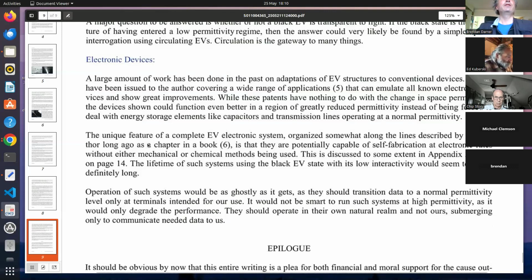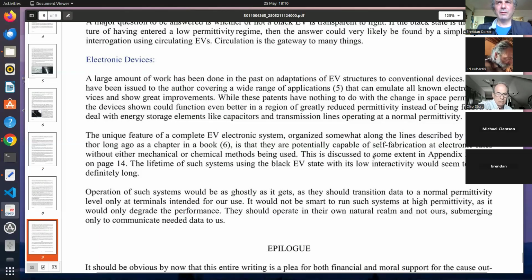The unique feature of a complete EV electronic system, organized somewhat along the lines described by this author long ago as a chapter in a book, reference 6, is that they are potentially capable of self-fabrication at electronic rates without either mechanical or chemical methods being used.